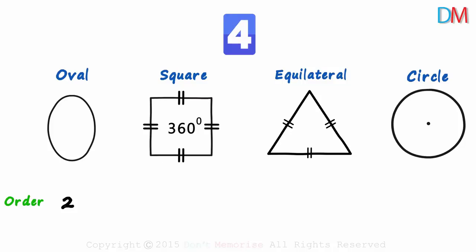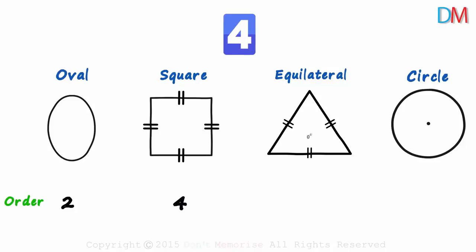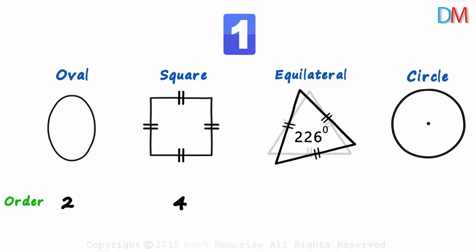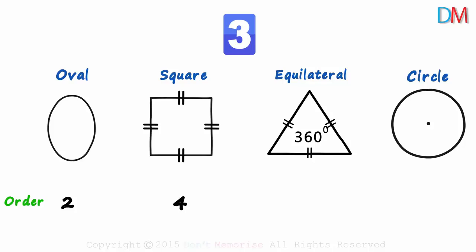Clearly, the order of rotational symmetry for a square is 4. Now for the equilateral triangle. 120 degrees, 240 degrees, and 360 degrees. 3 times in one complete rotation. The order is 3.